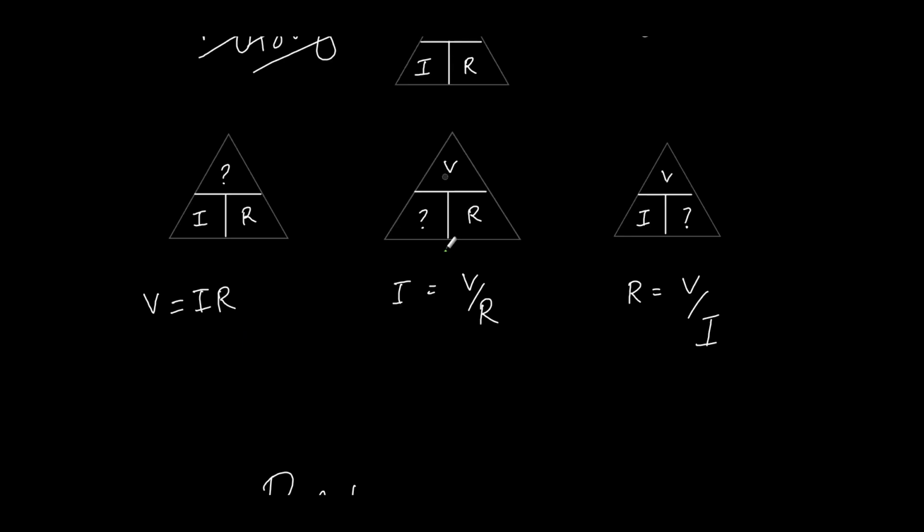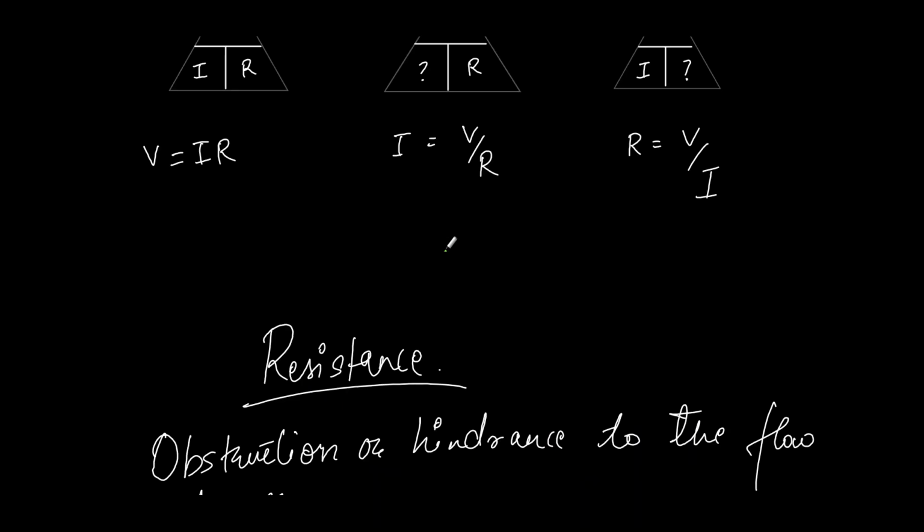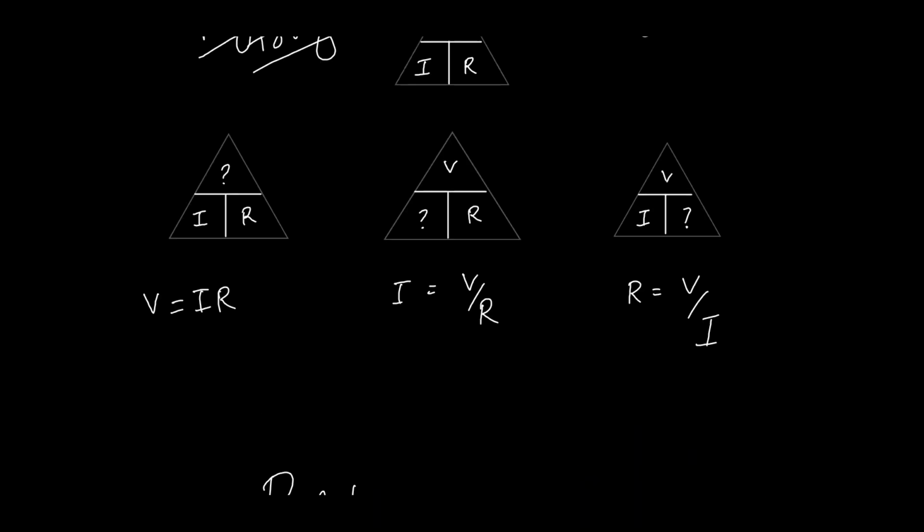Let me give you one example here so that you can remember it. Suppose V is given as 2 volt and resistance is given as 5 ohm, and the current is not known. Which magic triangle are you going to use? Current not known means the second triangle.